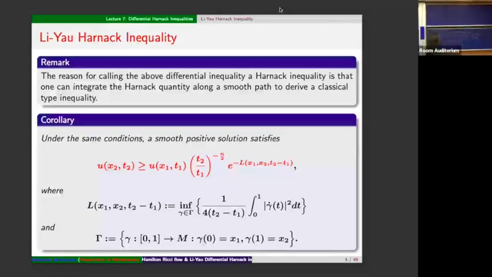If you have this curve, the infimum of this is the length. So if we are on a geodesic, let me put this here.